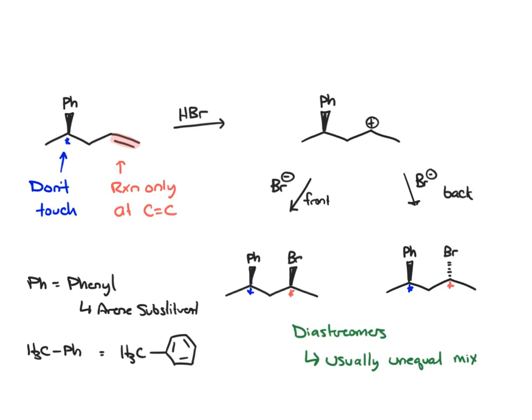Although this ring has double bonds in it, these do not react like regular double bonds. So you don't have to worry about them undergoing these reactions that we're discussing in this chapter.